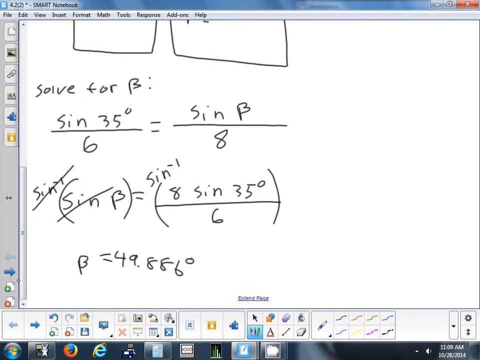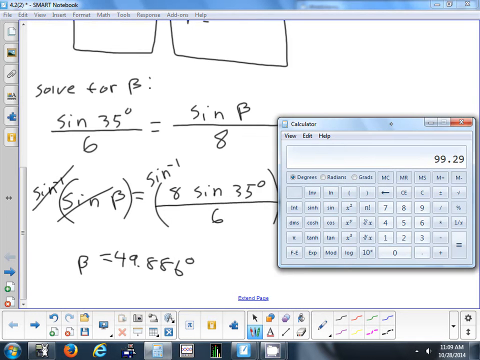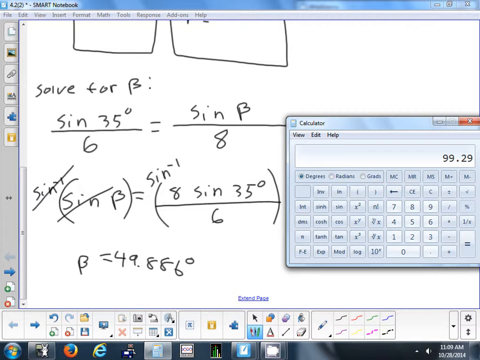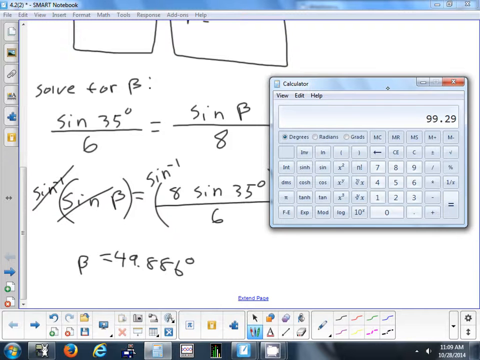All right. What do I do with that answer to find the second answer? Subtract it from 180. Yep, subtract it from 180. Good. So 180 minus 49.886 is 130.114.